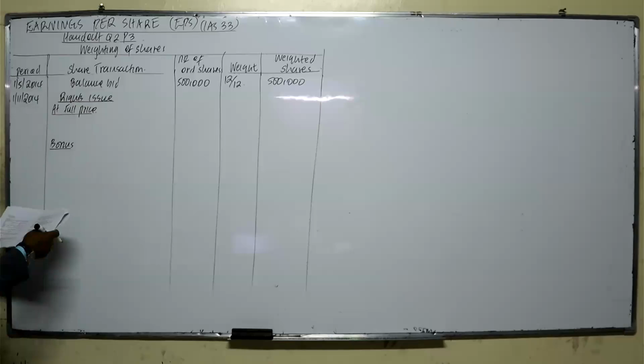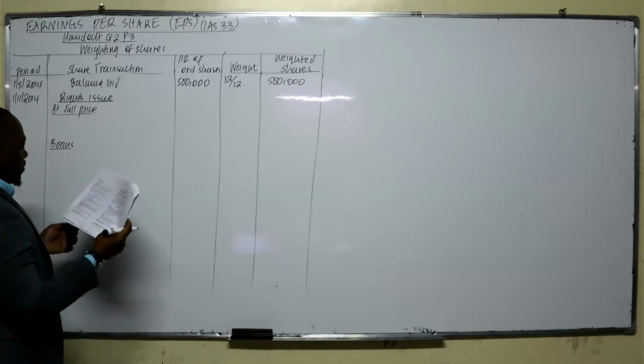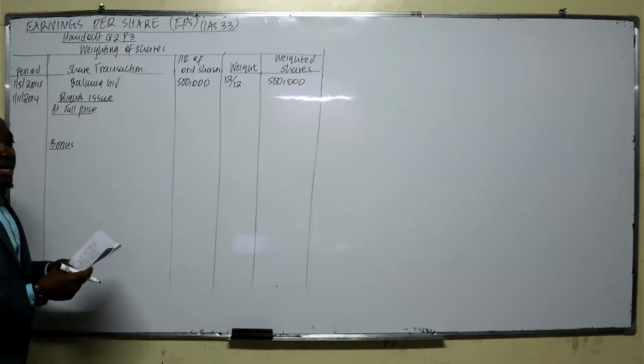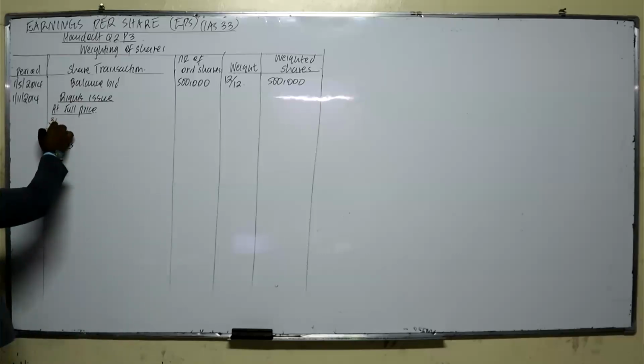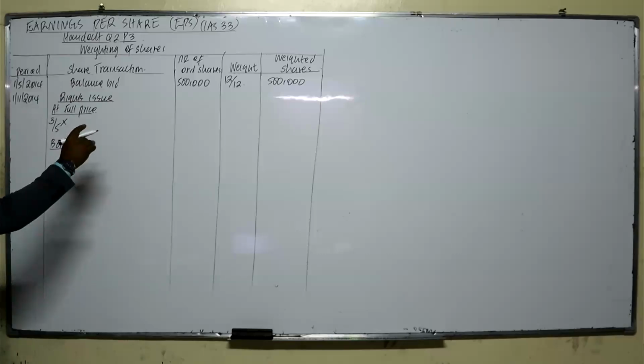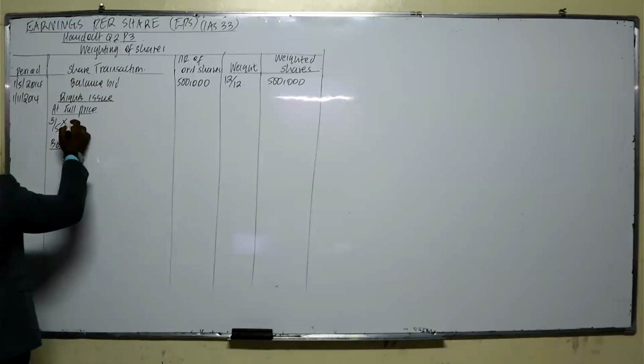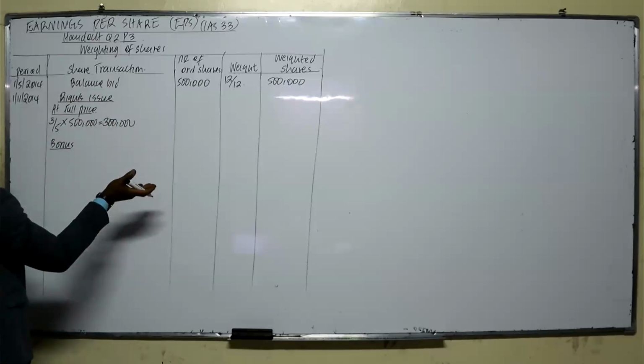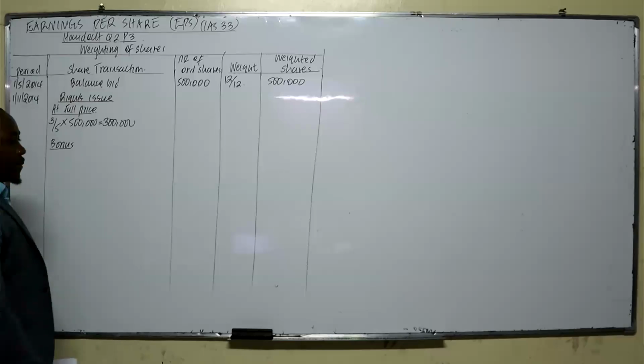You're told that on 1st of November 2014, the company concluded a rights issue of 3 ordinary shares for every 5. So you take 3 over 5 of the number of shares outstanding, 500,000, and you get 300,000.